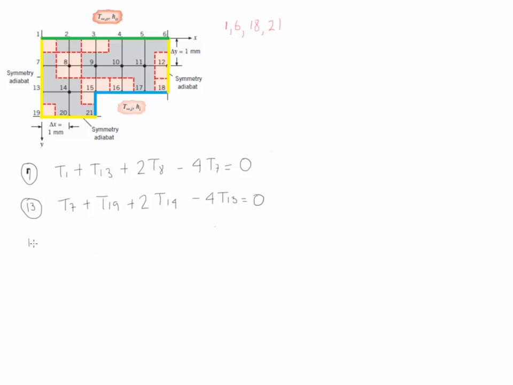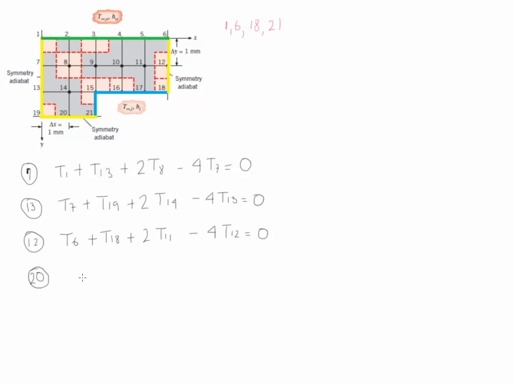We do it now for node 12, and the adjacent nodes are 6, 11, and 18. And we write T6 plus T18 plus 2 times T11 minus 4 times T12 is equal to 0. The next node is number 20.